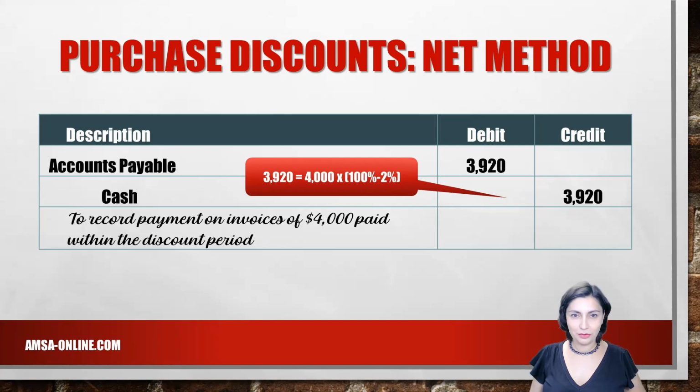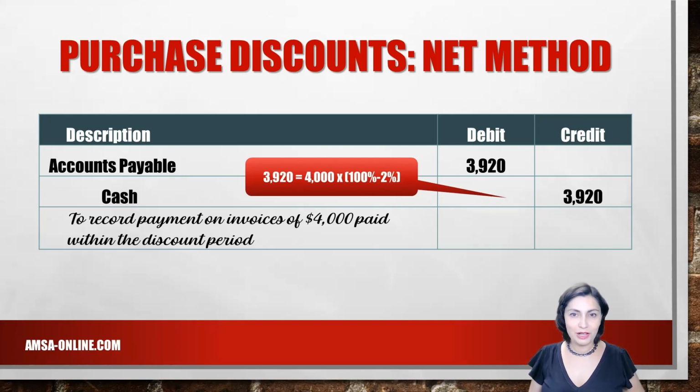Accounts payable is decreased or debited for $3,920, which is $4,000 minus the previously deducted discount of $80, calculated as 2% of $4,000. Cash is decreased or credited by $3,920.